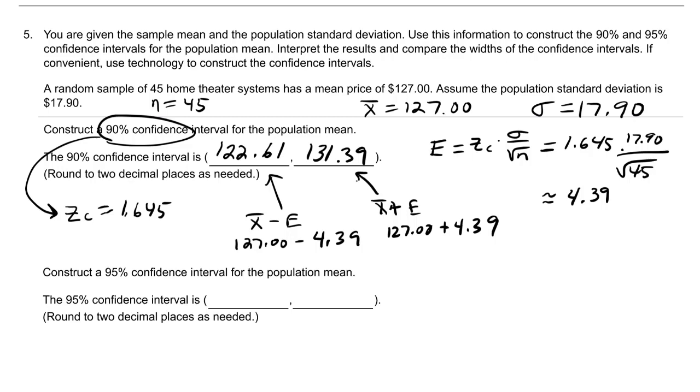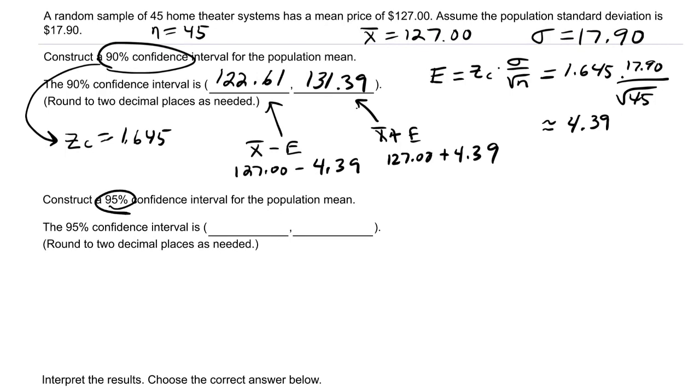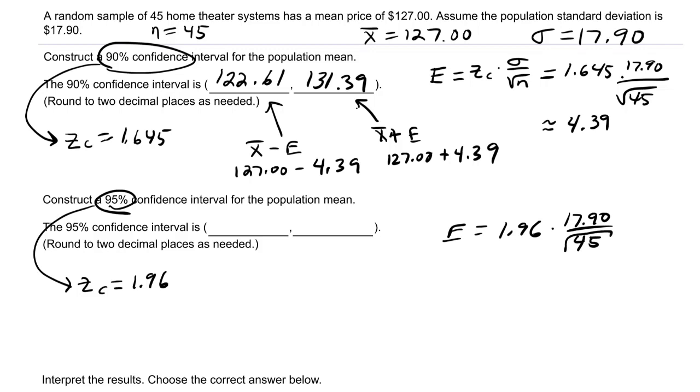So if we do the same thing now for 95%, the only thing that's going to change here is that the critical z-value is now 1.96. So I'm quickly just going to go through the calculation of the margin of error here. So this is going to give a margin of error of 5.23.